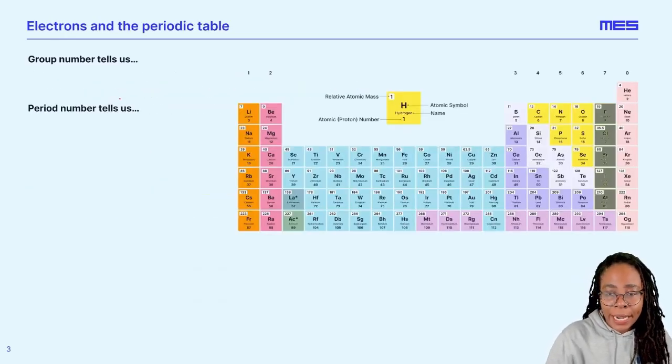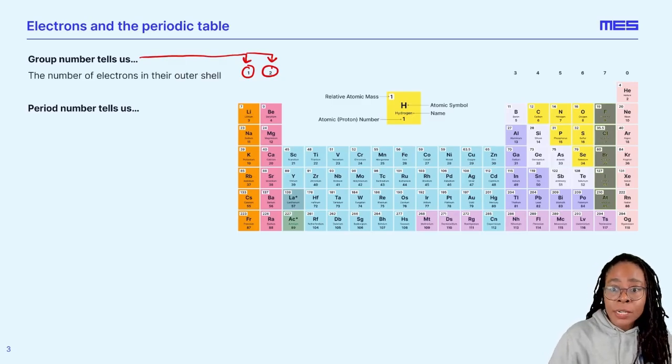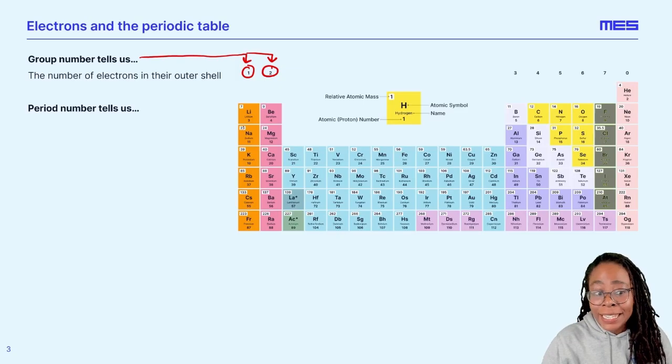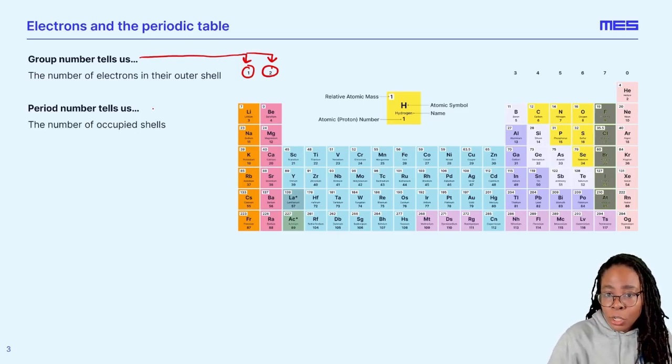Now, how do we link electron configuration to the periodic table? Well, the group number, again, those are the vertical columns, tells us the number of electrons in the outer shell of that atom. And the period number, those are the horizontal rows, tell us the number of occupied shells.